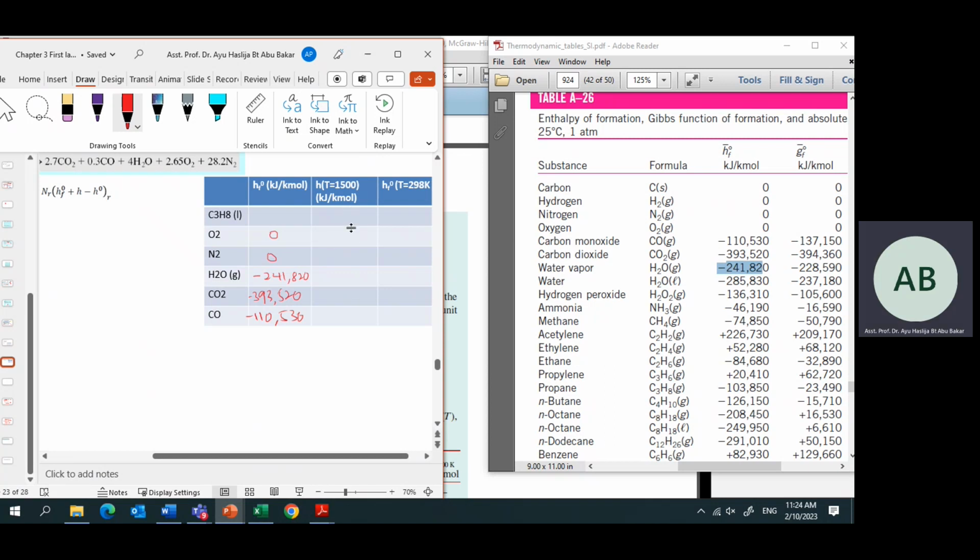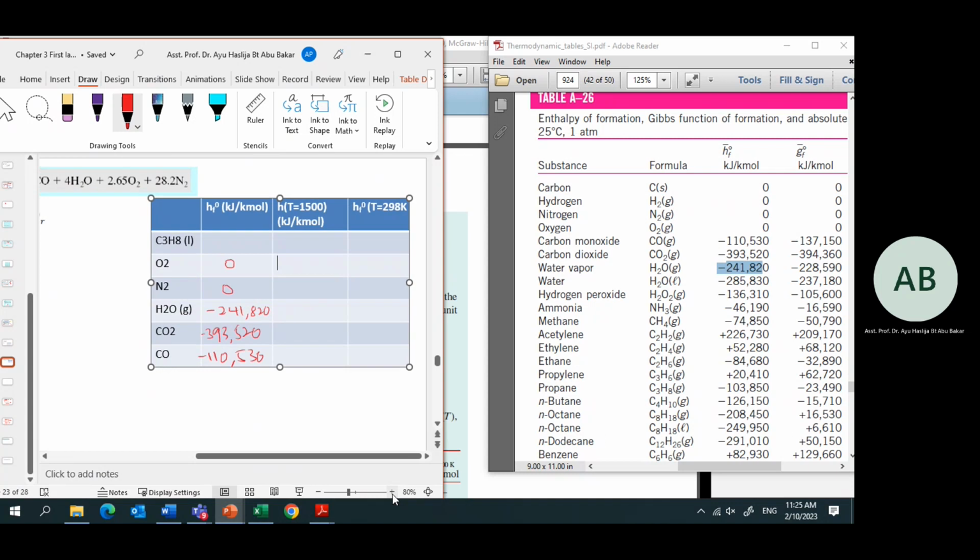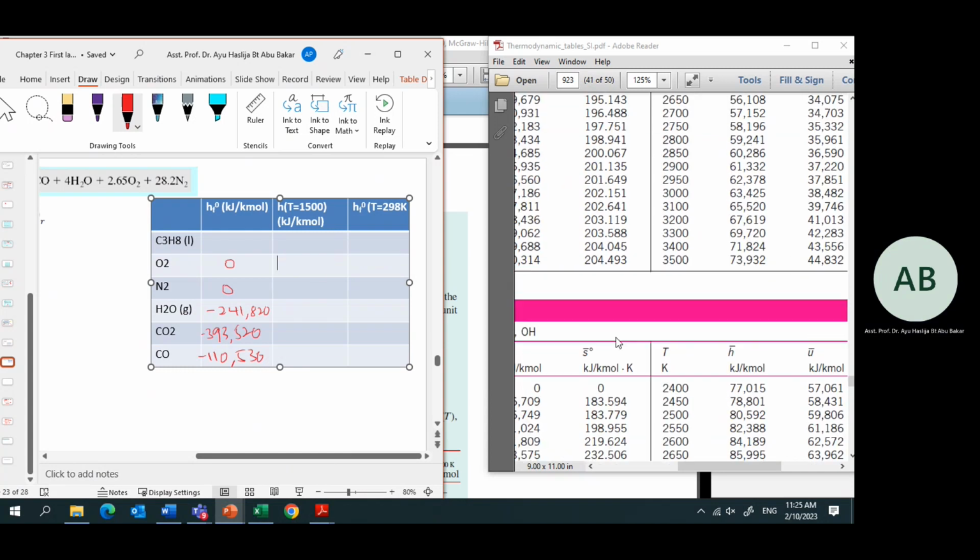Enthalpy at T1500 for O2, N2, H2O, CO2, and CO. Which table? A19 for O2.